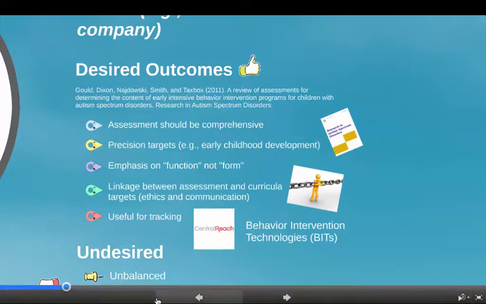So we want to make sure that whatever goals and objectives we've identified for an individual are essentially linked up to the assessment that was conducted, because that's what gives logic to what we've selected in terms of goals and objectives. If we know through an assessment tool and as a result of assessment results that there's a specific deficit, for example, then that logically connects us to very specific goals and objectives.